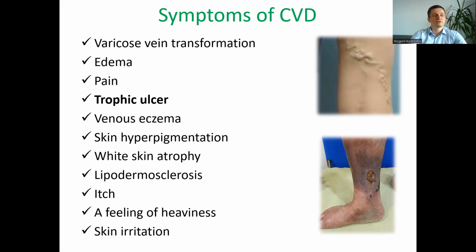Inflammation plays the most important role in the development of chronic venous disease. The expressiveness of symptoms and their frequency increase according to the clinical class of CEAP.